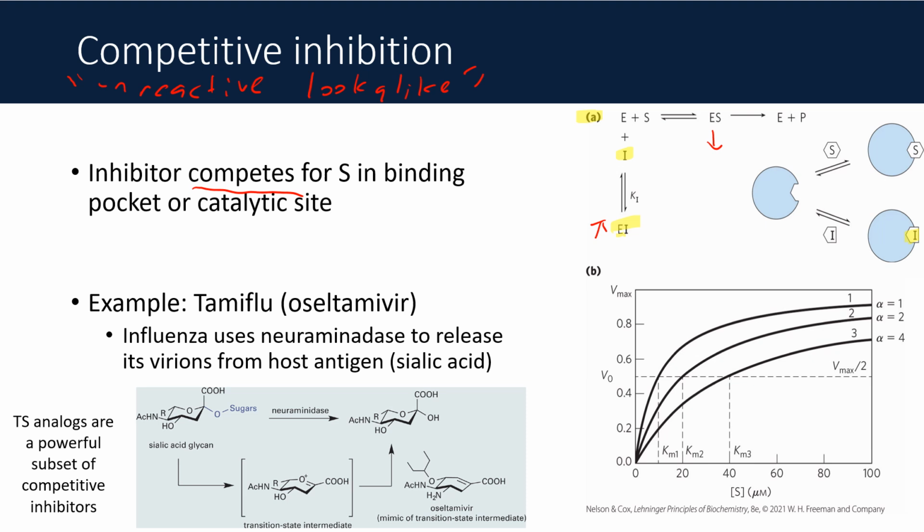So how do we quote unquote fix this? Well, the best solution is to add more substrate. Think Le Chatelier's principle. If we add more substrate, it is going to outcompete our competitive inhibitor, and that's going to drive our reaction towards ES, which will eventually help us drive the reaction towards the products.